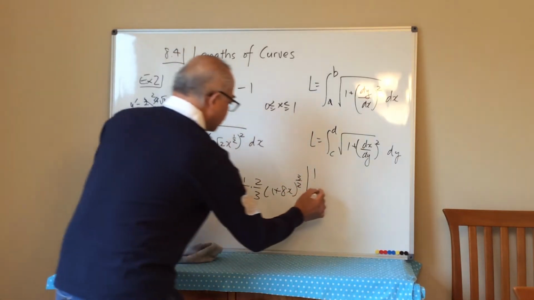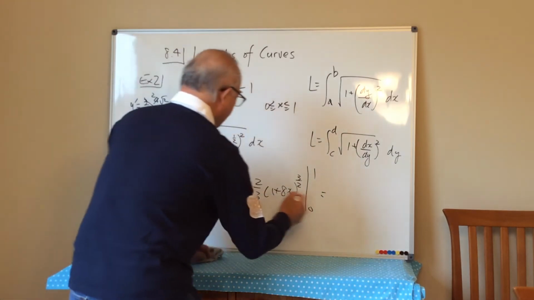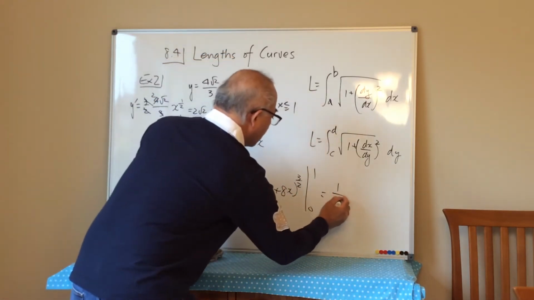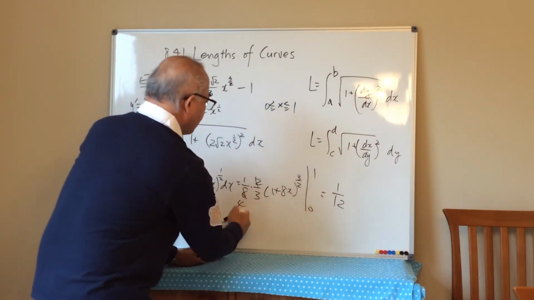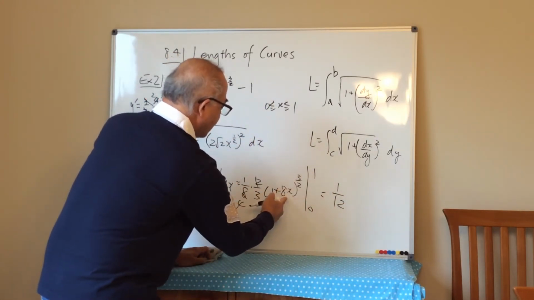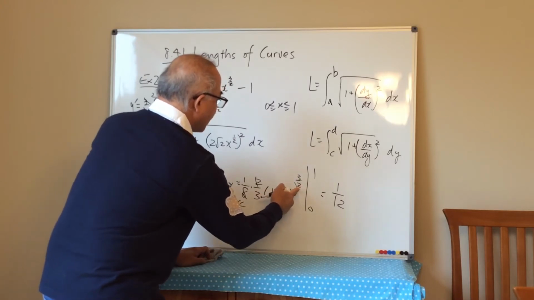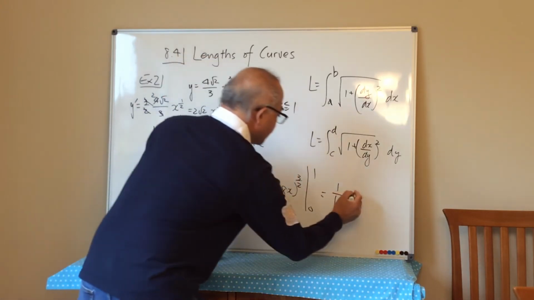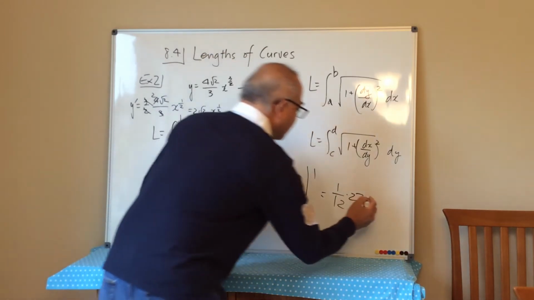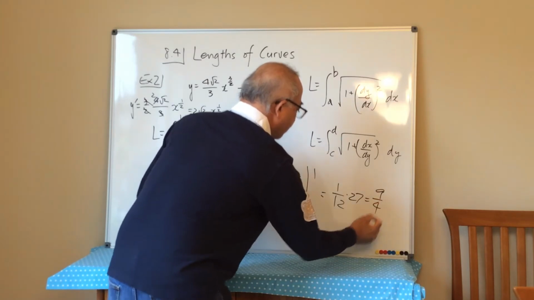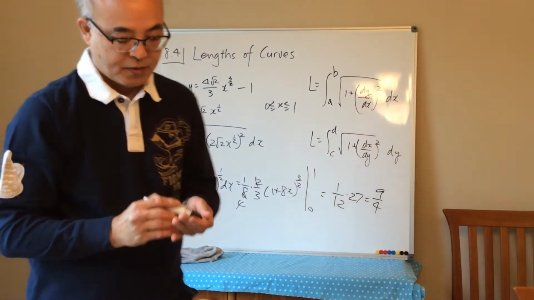So I put 1 in here, and this is 4, so I get 1/12 here. If I put 1 in here, I get 9, and the root of 9 is 3. 3 cubed is 27. If I divide by 3, I get 9 over 4.